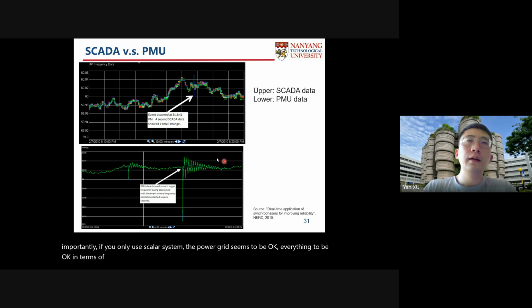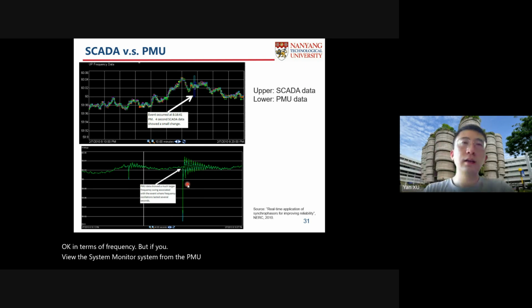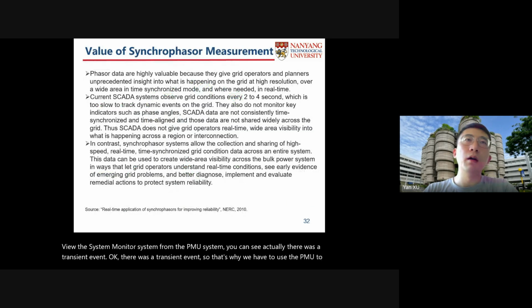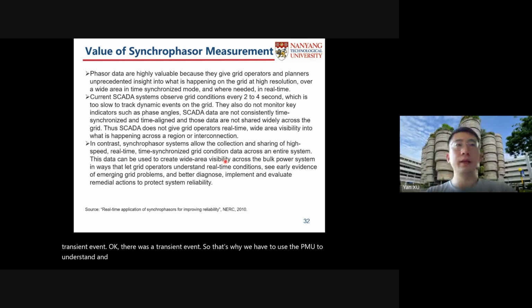But if you monitor the system with PMU, you can see there was actually a transient event. That's why we have to use the PMU to understand and monitor the system dynamics.